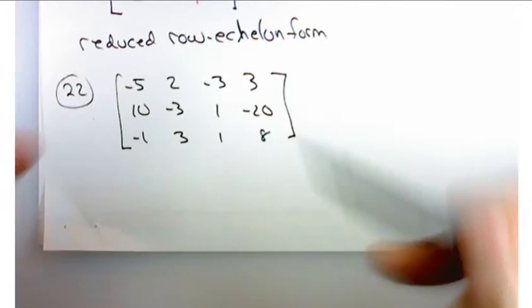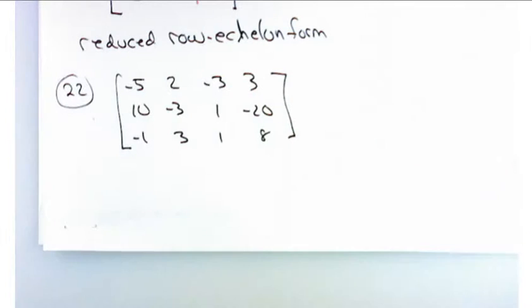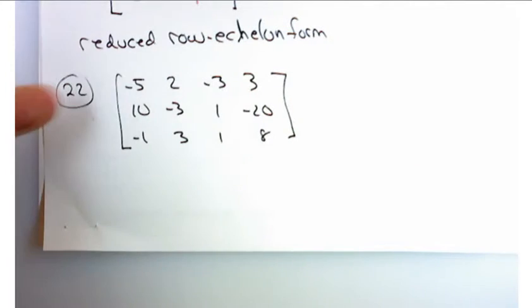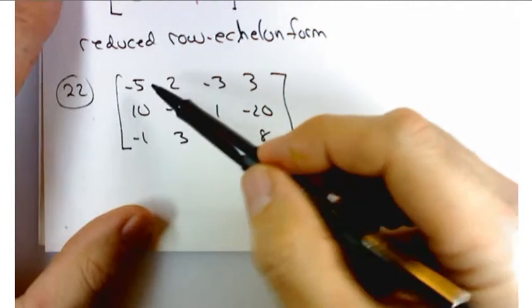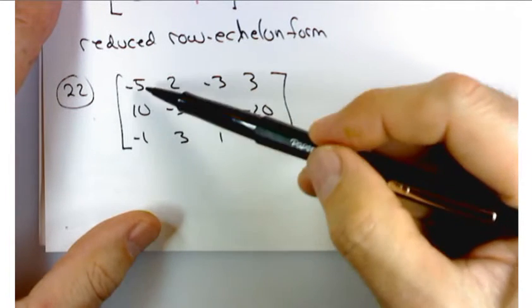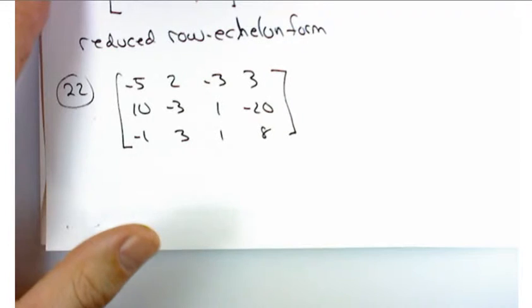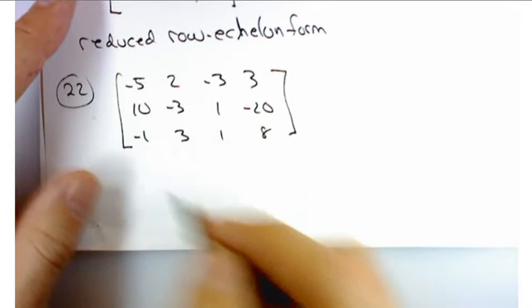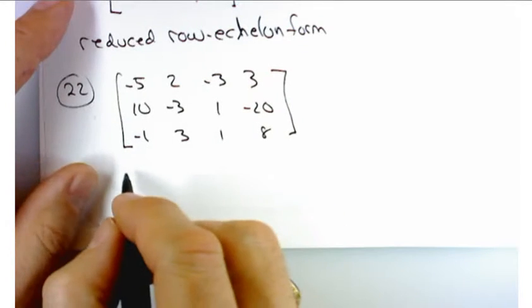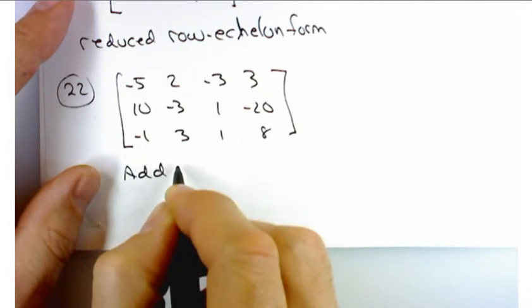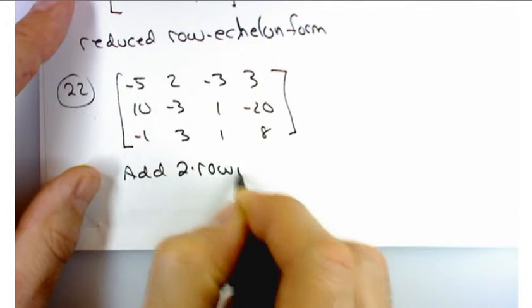And now, in thinking of this, just like our systems of equations from section 10.2, one way to solve these things would be to get zeros in a couple of these places. That is, to get rid of a variable. And what they tell you to do is add 2 times row 1 to row 2.